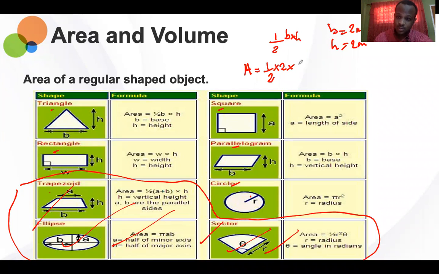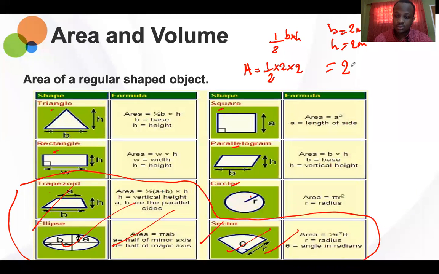So 2 times 2 will be 4, and 4 divided by 2, the area would be 2.